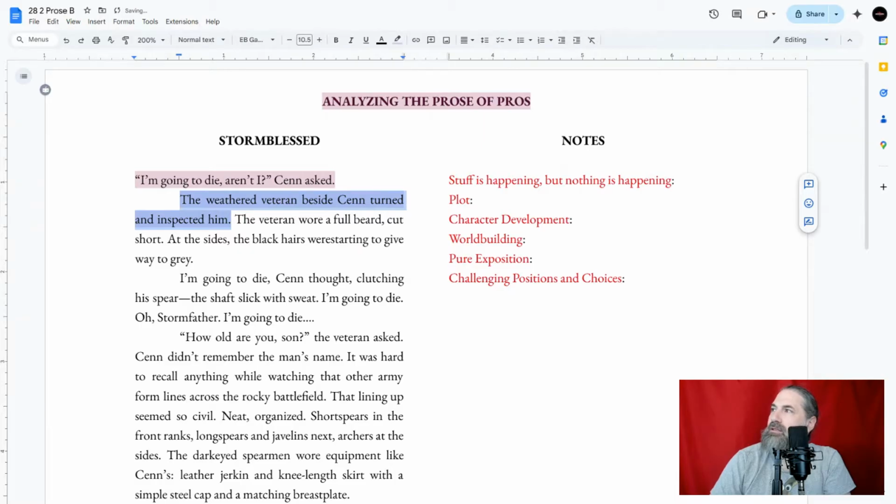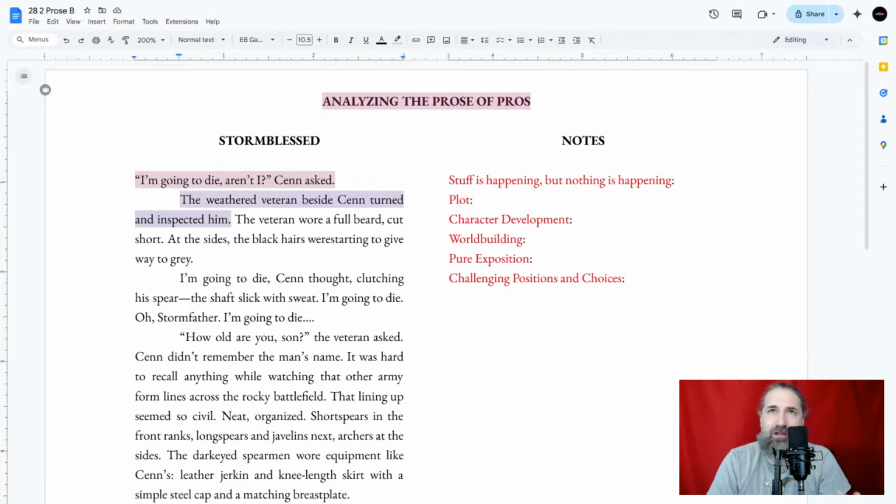This is a good second sentence too. "The weathered veteran beside Sen turned and inspected him." This is definitely in Sen's POV because it's the weathered veteran beside Sen.